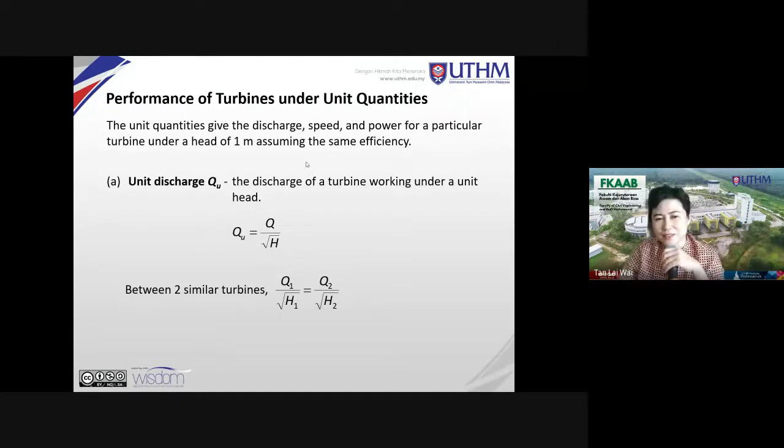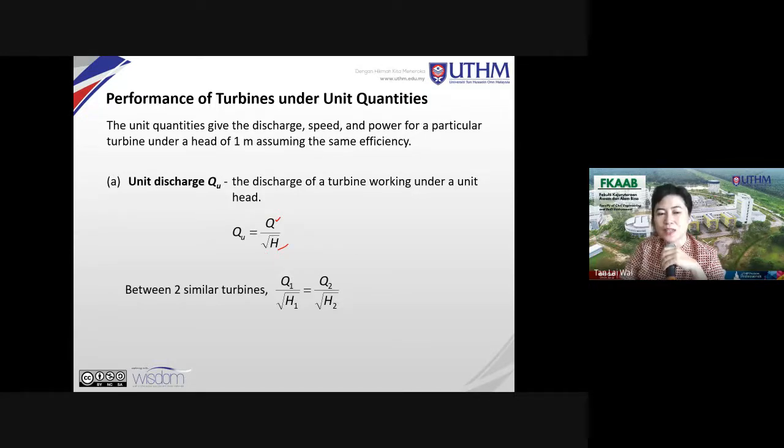Notice that, compared to the similarity laws of head, discharge and power, they have repeating variables of N and D. In this case, if you are looking for unit discharge, it's Q over a unit of head.